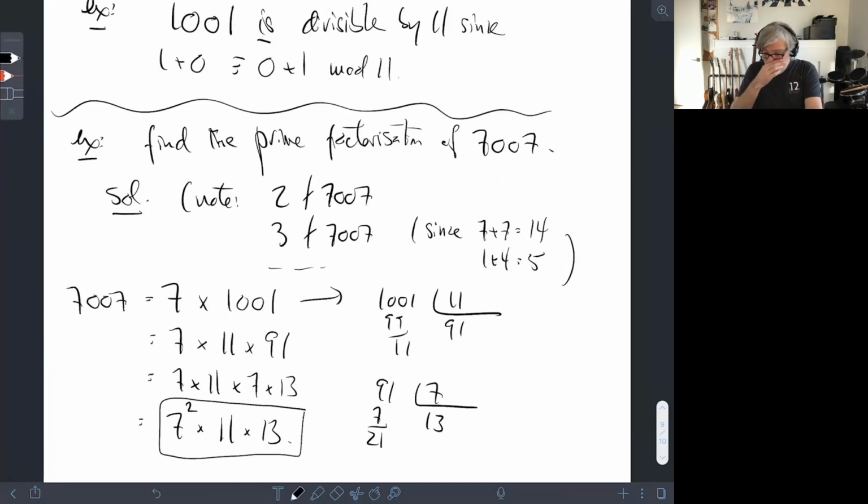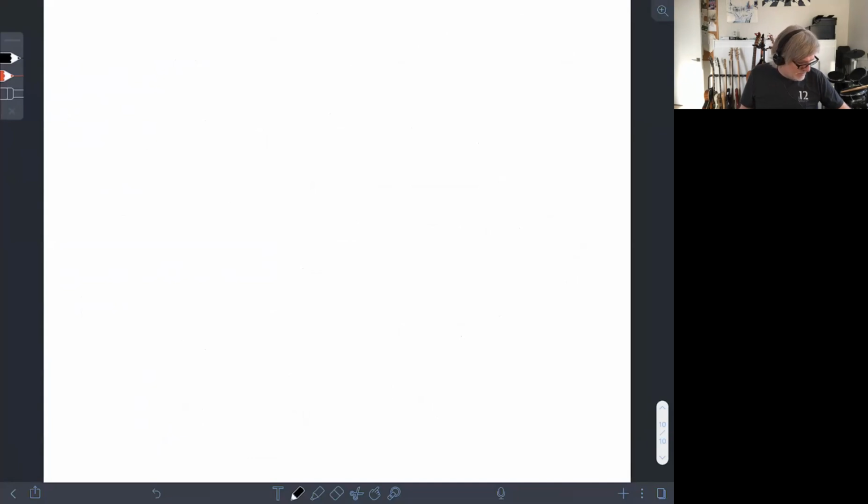So next time I will prove a very old theorem, which is due to Euclid. I'm going to state it here and then I'll prove it next time. It's really cool. Next time, that's tomorrow, I'm going to prove this, which was proved like 23 centuries ago.